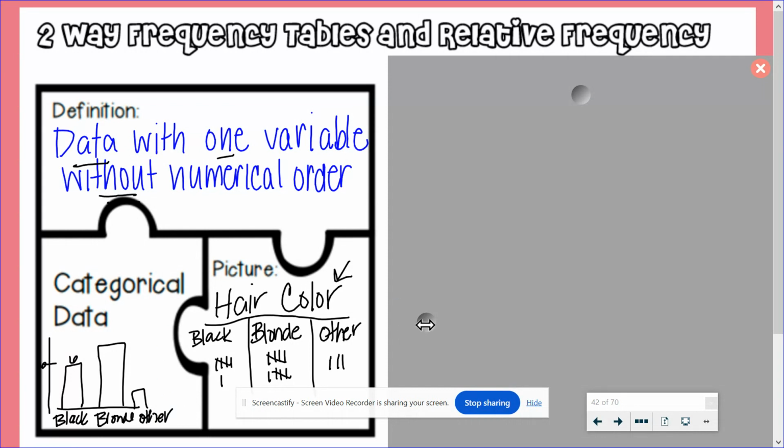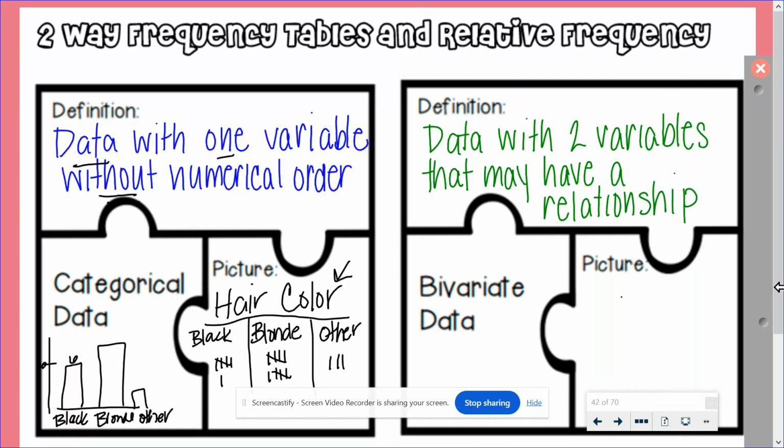Okay, the next definition that we need to know is bivariate data. So now we are talking about 2 variables, and they may have a relationship or they may not have a relationship. And we've seen this with scatter plots. So let's say that I am, again, making observations between the number of ice cream sales that occur versus the weather.